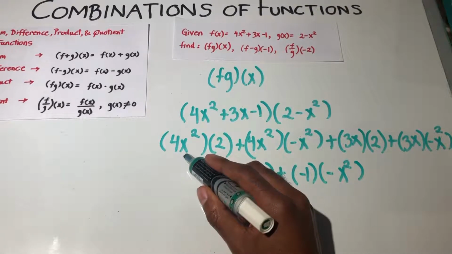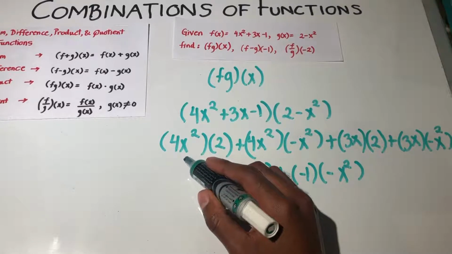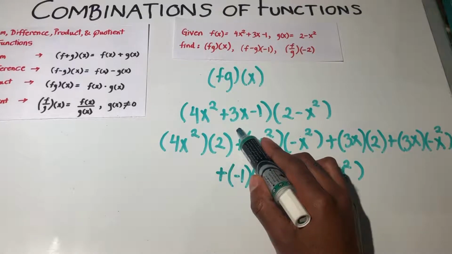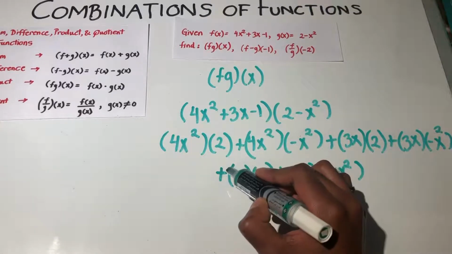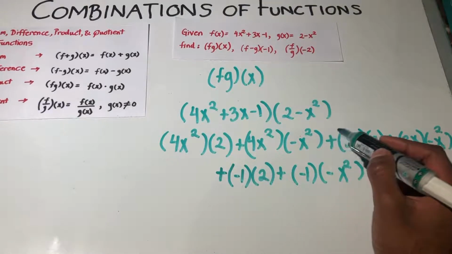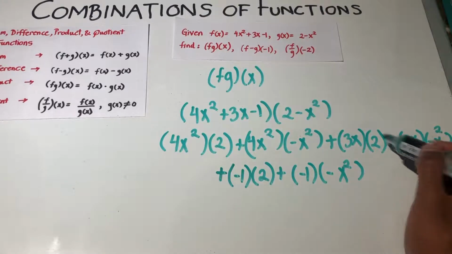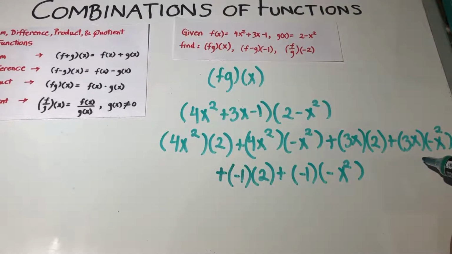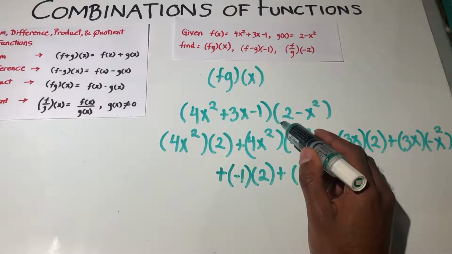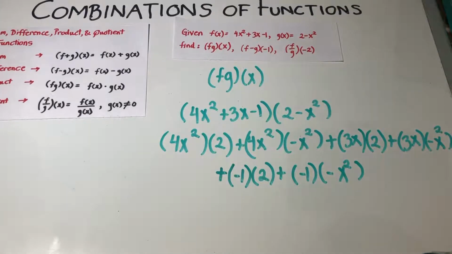You basically have done the hard part. But let's just make sure everything is right. So we have 4x squared times 2 plus 4x squared times minus x squared plus 3x times 2 plus 3x times negative x squared plus negative 1 times 2 plus negative 1 times negative x squared.